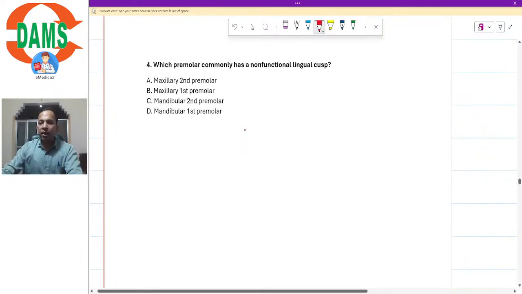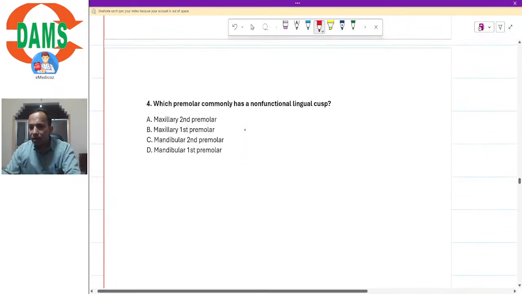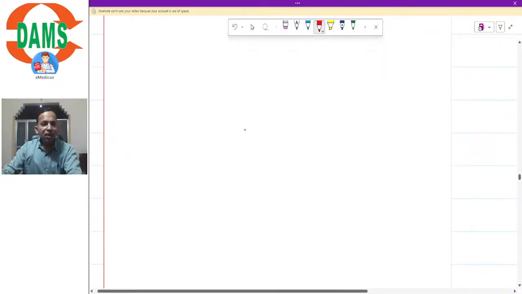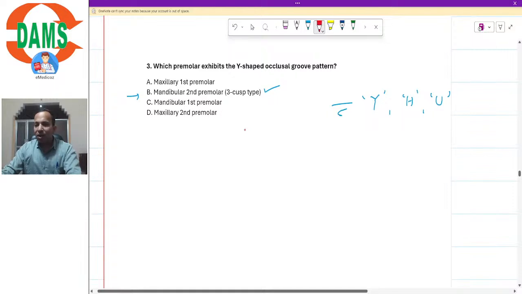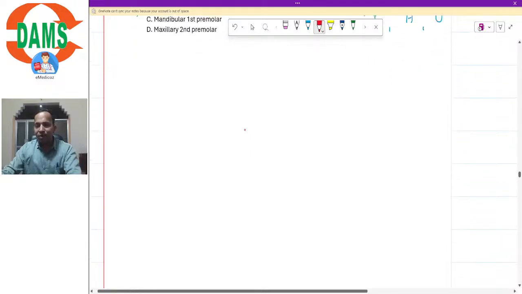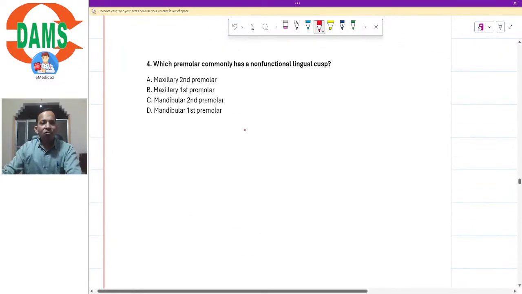Y shape, it is mandibular second premolar. So option B, right? Fourth, which premolar commonly has a non-functional cusp?